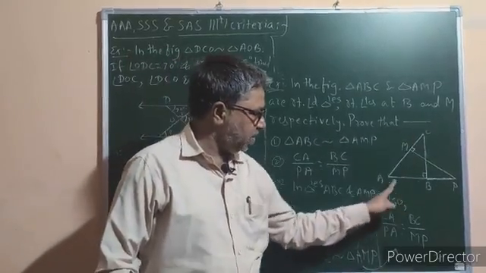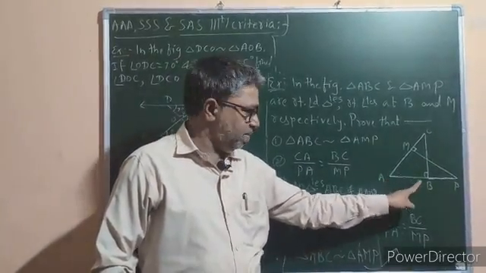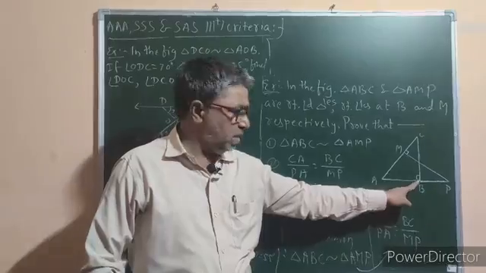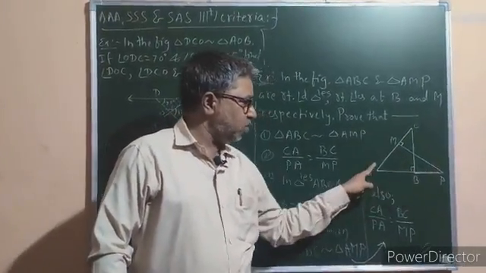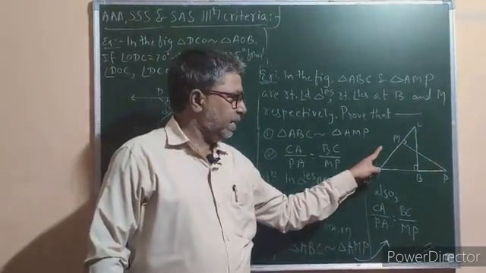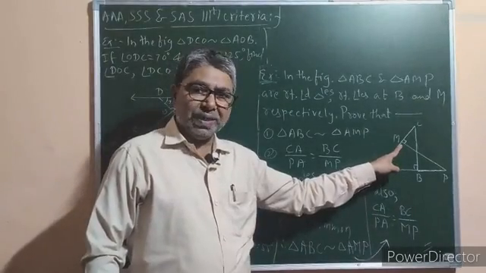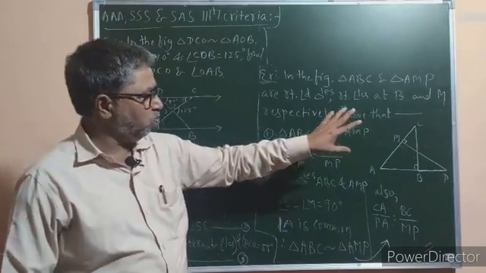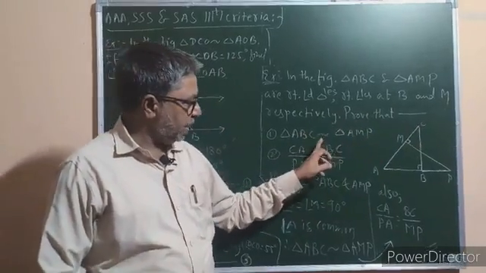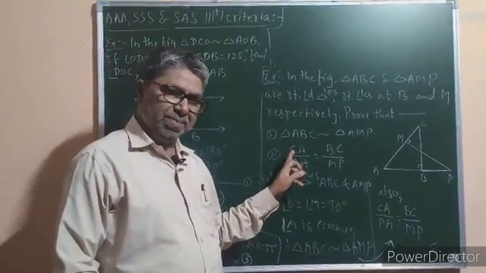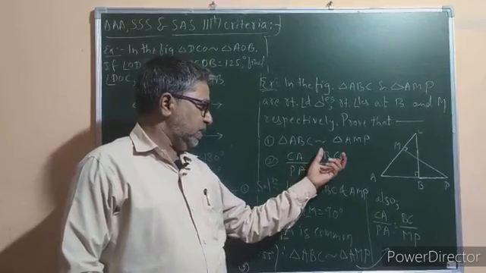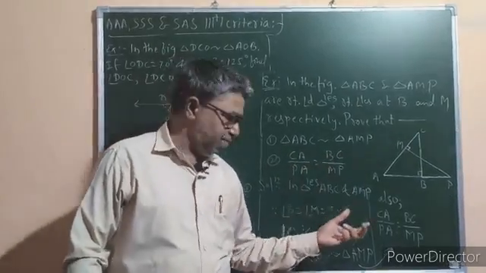Triangle ABC is a right angle triangle, right angled at vertex B. Triangle AMP is also a right angle triangle, right angled at vertex M. We are asked to prove these two triangles are similar, and that the ratio CA upon PA is equal to BC upon MP.